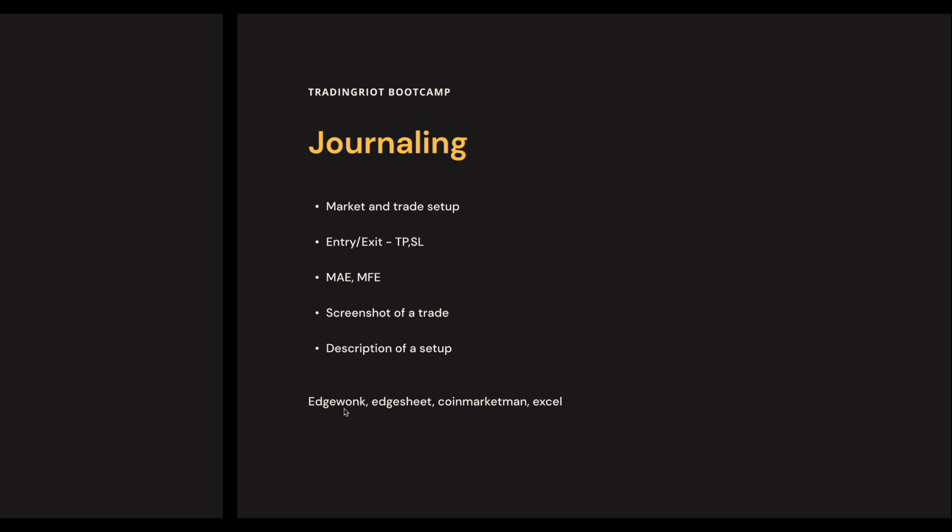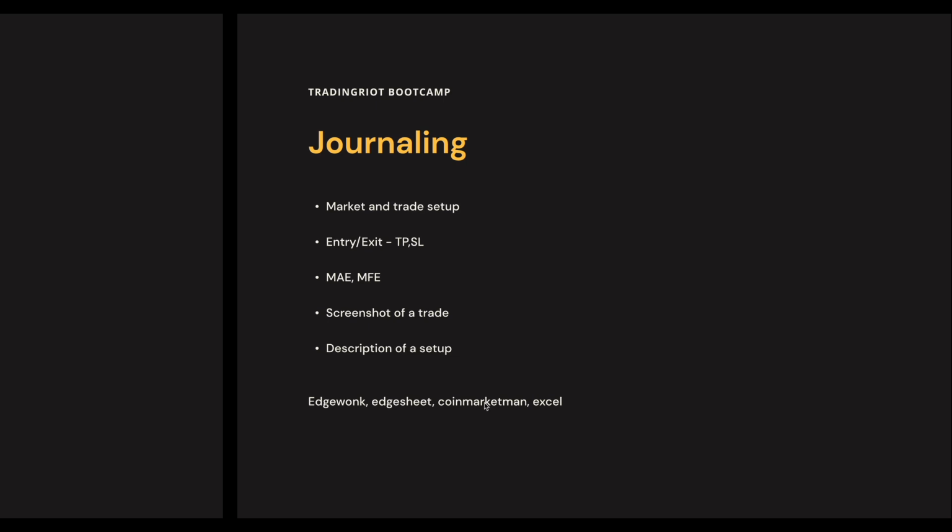Edgewonk is something that I am using simply because it allows me to add both cryptocurrencies and the legacy markets that I'm trading. If you are only trading crypto, then Edgewonk or CoinMarketMan is kind of your choice.